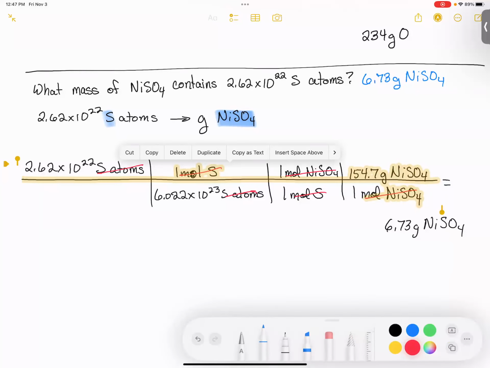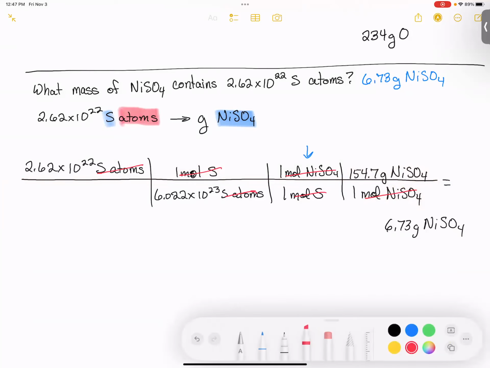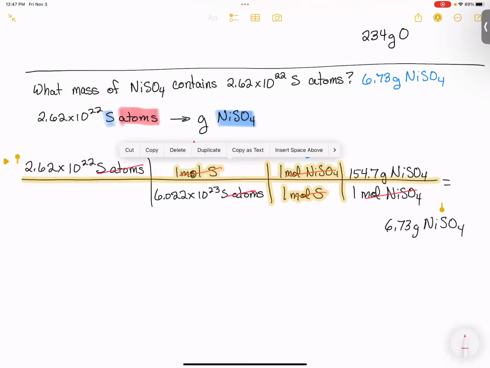The next thing I noticed is that I was working with atoms. And because I was working with atoms, that is what told me I was going to need Avogadro's number.